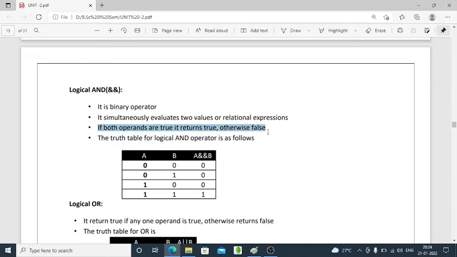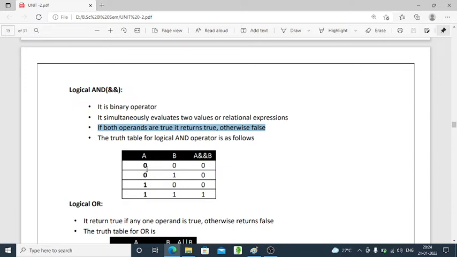The principle of logical AND is: if both operands are true, it returns true. Otherwise, false. If you observe the truth table of the logical AND, there are two values, A and B. If the values of both operands are true, that is, the value of A is 1 and the value of B is also 1, only in this case you will get 1 as output, that is true.